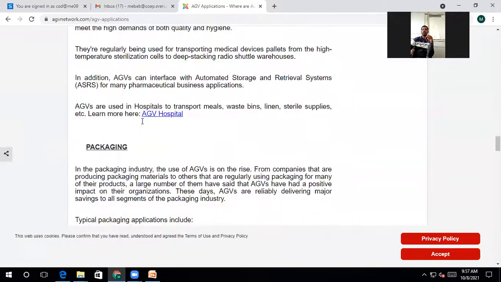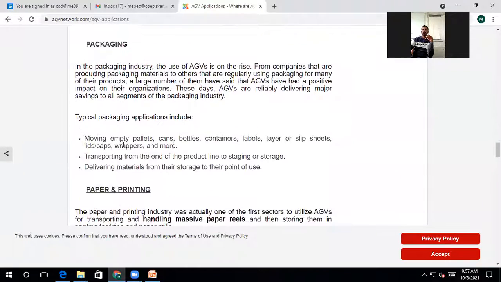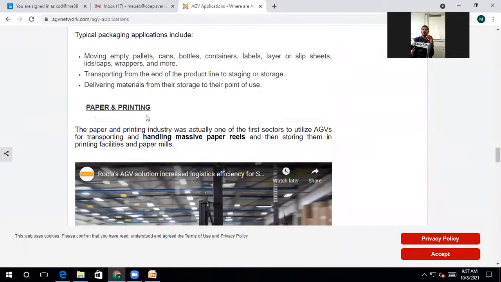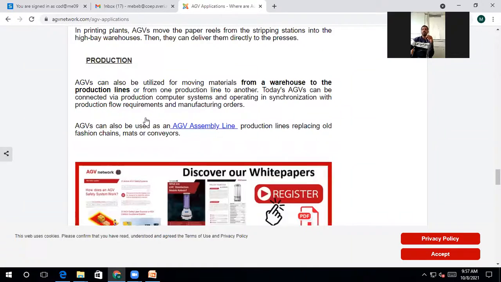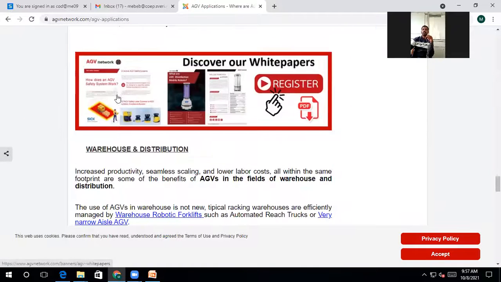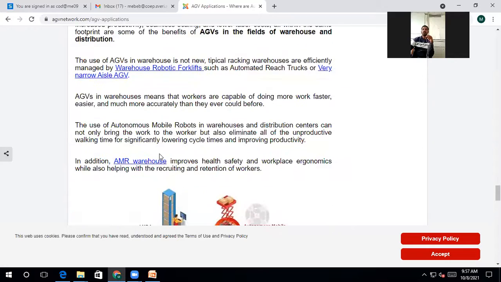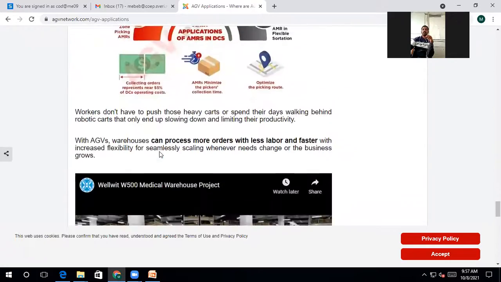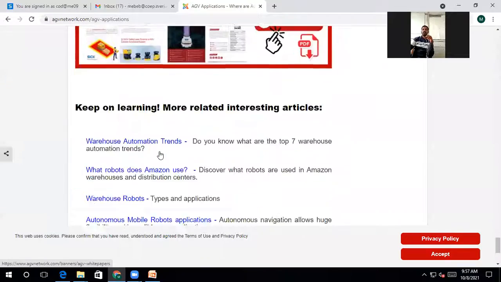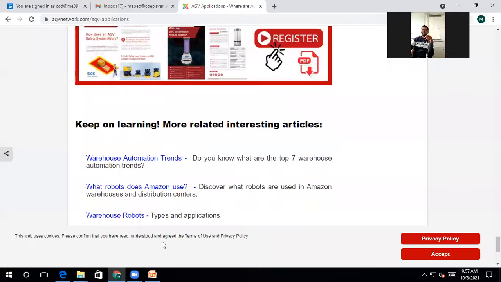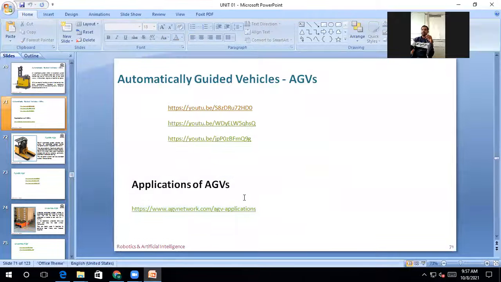Next, we can use packaging purposes, paper and printing also. Next, production, warehouse and distribution. We can use this application. Now we will go one by one.